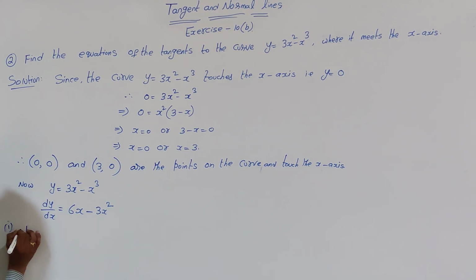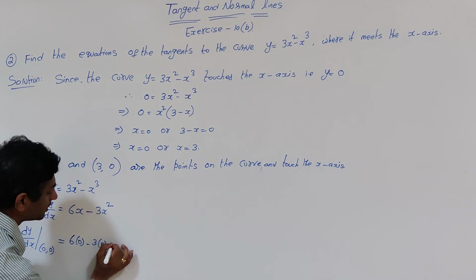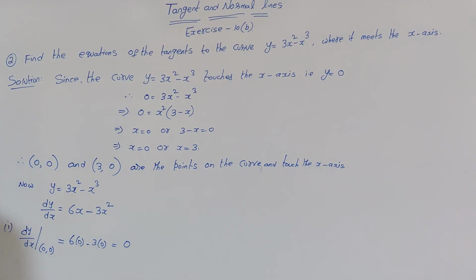First, dy by dx at 0, 0. The slope of the curve at 0, 0 is 6 into 0 minus 3 into 0, which gives 0 only. Second, dy by dx at 3, 0.